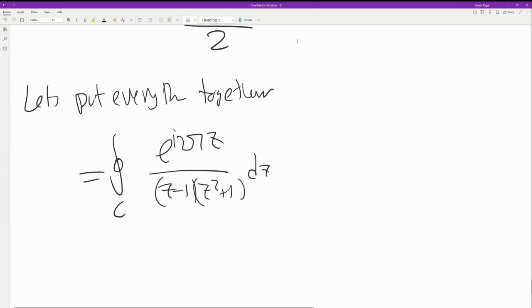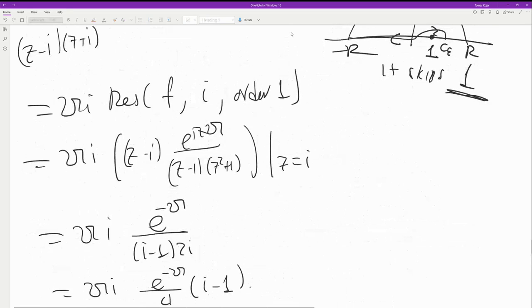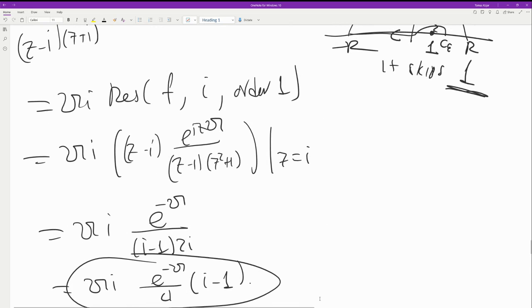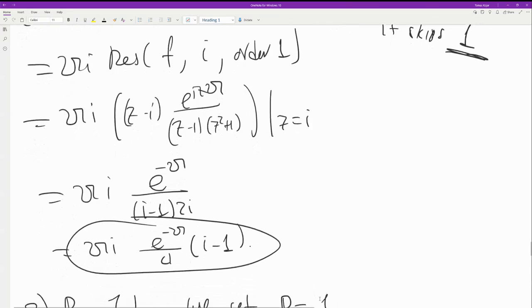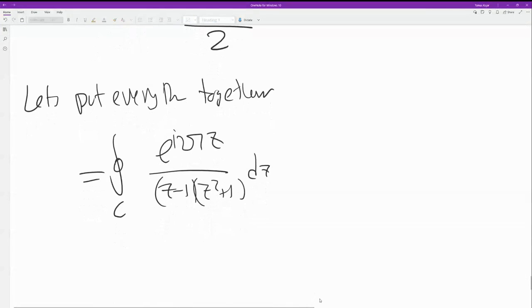This guy was equal to 2 pi i e to the minus 2 pi over 4 and then i minus 1. So that's on the left by residue.